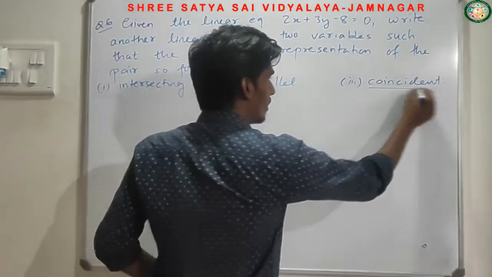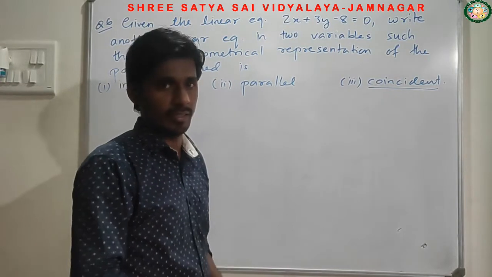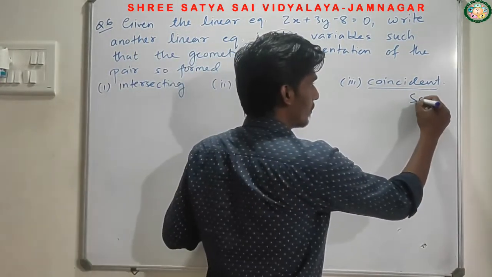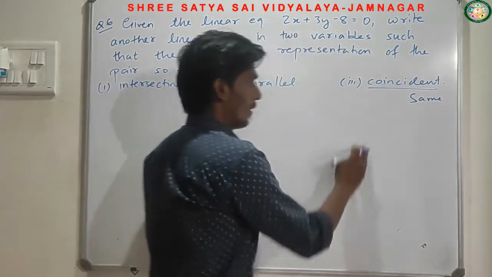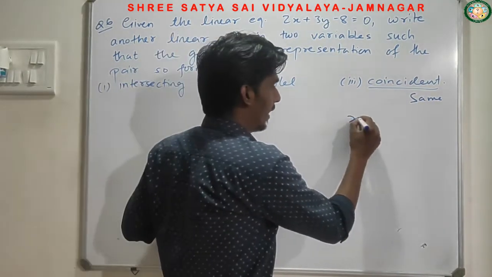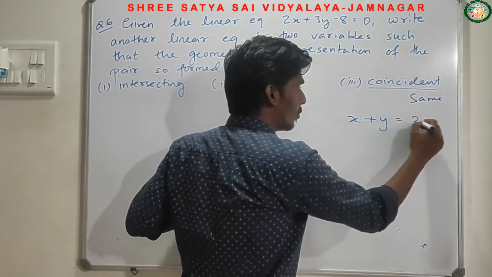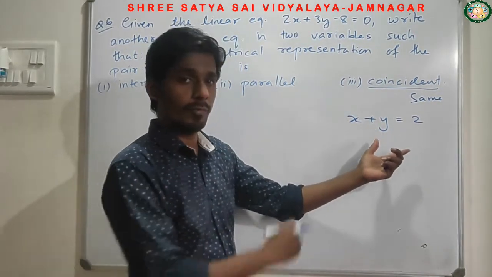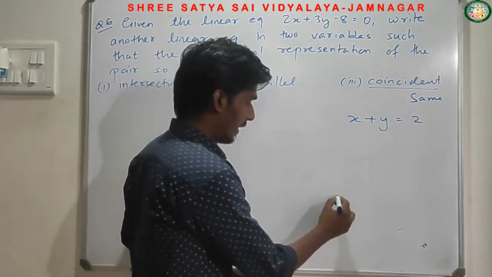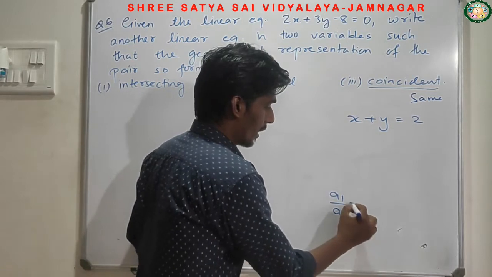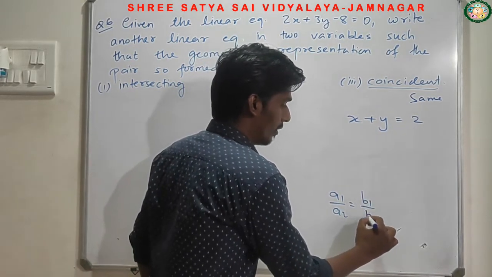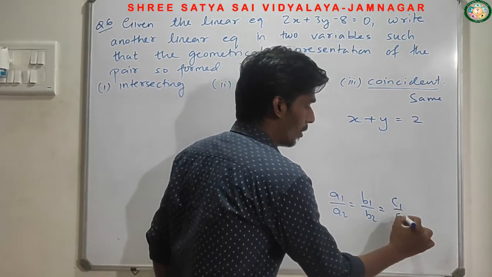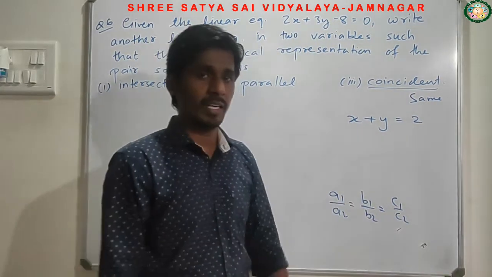Coincident means same line. Let me give you a simple example. If I write x plus y equals 2, this is the equation. Now if I want to form the same equation so that it can fulfill this condition, a1 upon a2 equals b1 upon b2 equals c1 upon c2, ये सारे रेशियो सेम आने चाहिए.